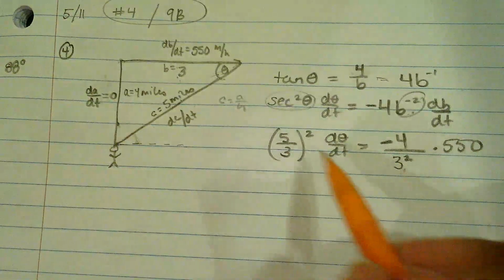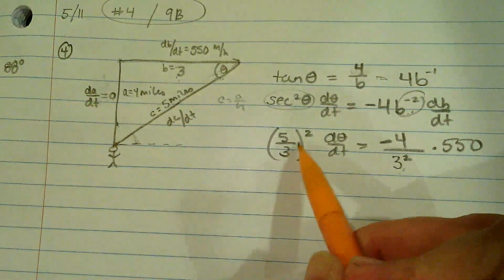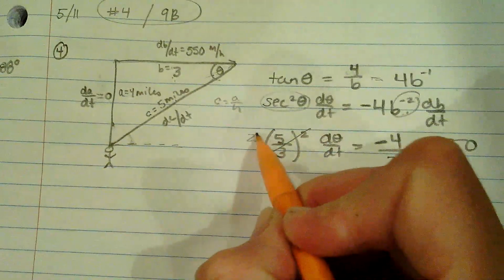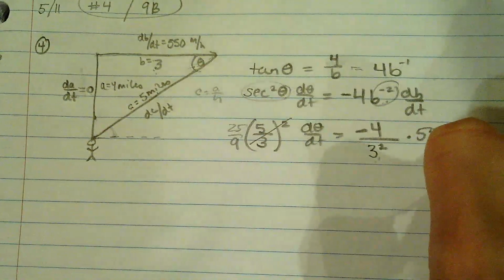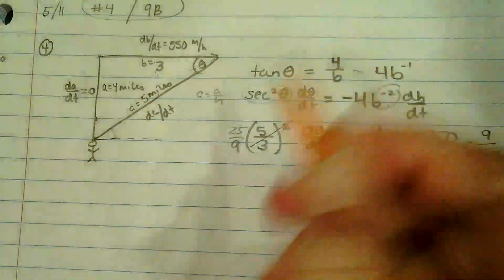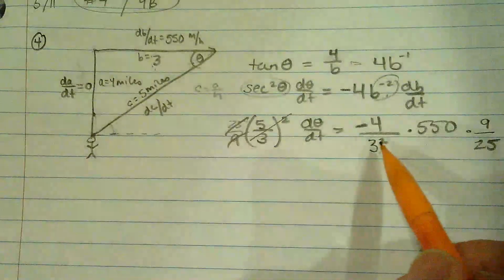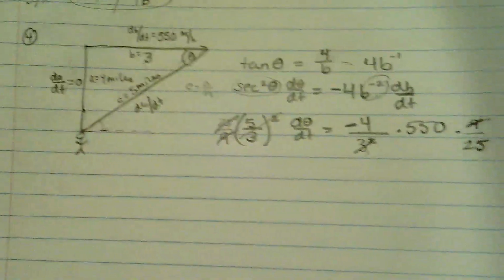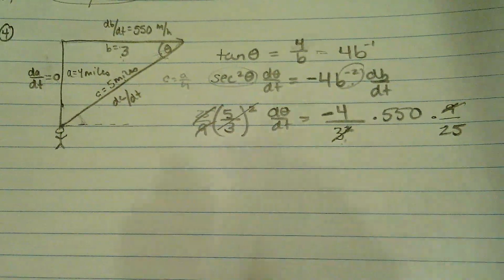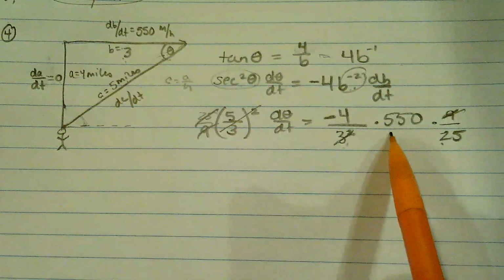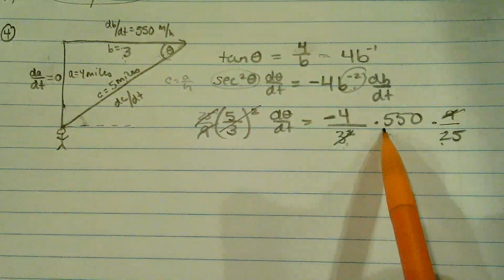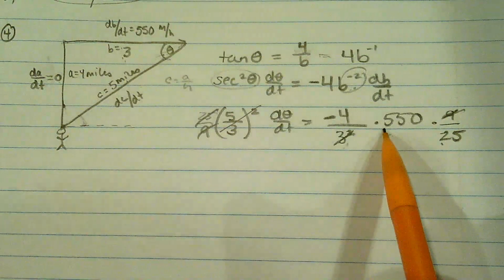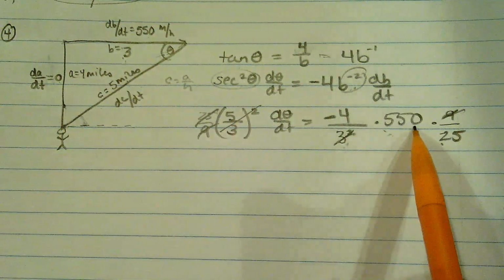Let's see, make this 25/9 after you square it, multiply by the reciprocal to get it over here, 9 over 25. This 9 and that 9 will cancel. 25 goes into 100 4 times, so 208 times, 312 times, 416, and 520 times, plus 2 more to get the 50, so 22.